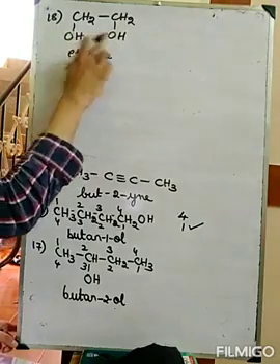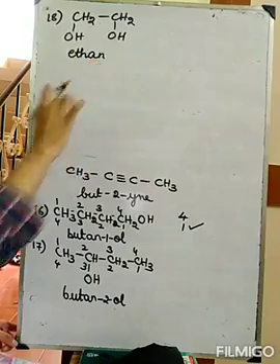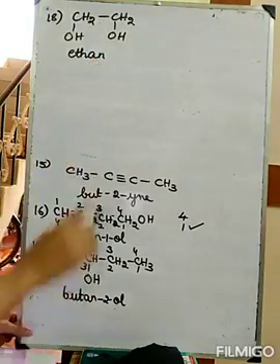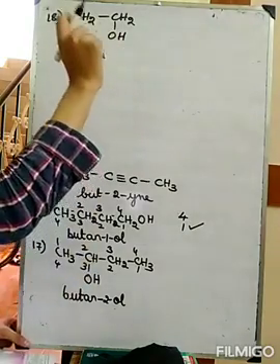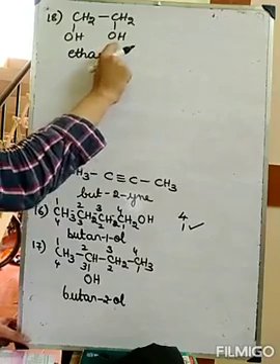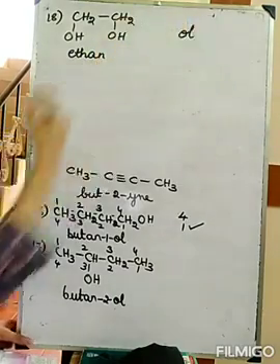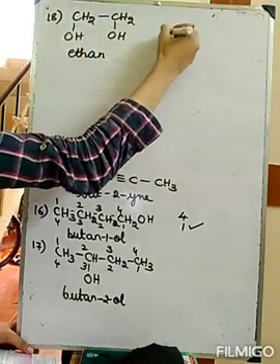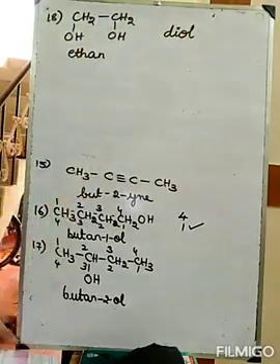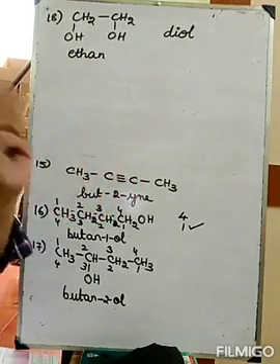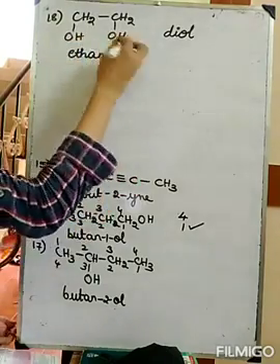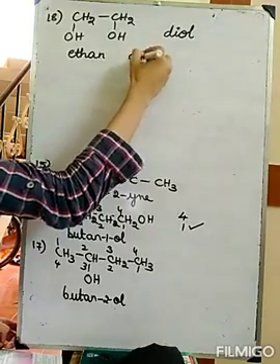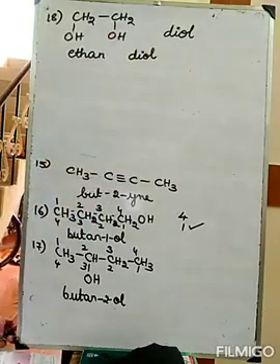Okay, but an alcohol group is present, so you should not put this E. So ethane. One alcohol group means you will be adding ol. How many alcohol groups are present? 2. So 2 means you should add diol. 3 alcohol groups means you should add triol. So 2 alcohol groups are present, so you should be adding diol: ethane diol.